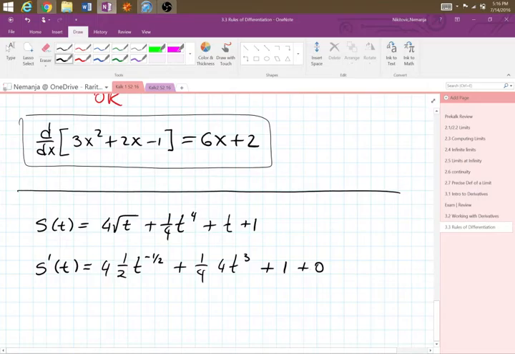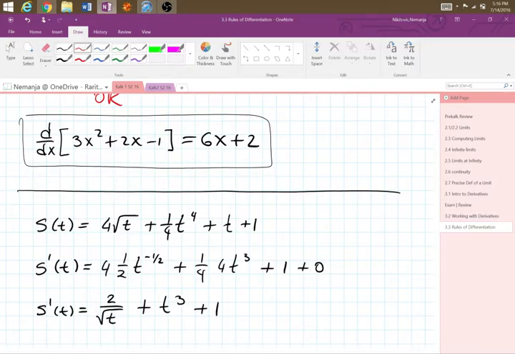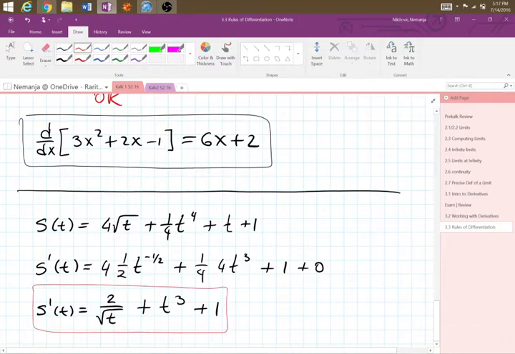And now we just simplify this. 4 and 2 will cancel. So we get 2 over square root of t. 4's cancel, so plus t cubed, and then plus 1. And that will be the answer, in the most simplified form.